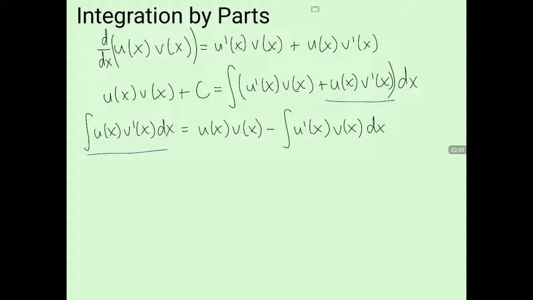Now, this is just reverse product rule isolated for the integral of u times v prime dx.